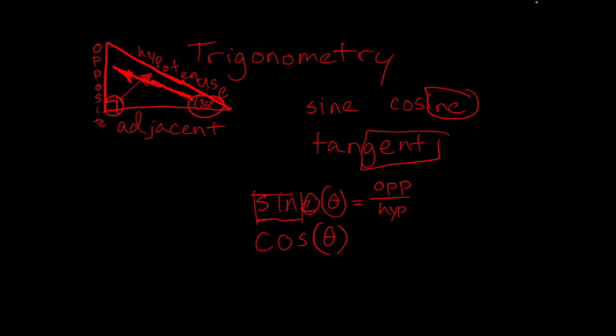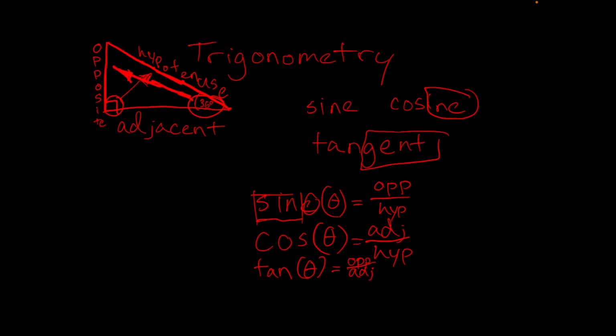And then cosine of theta equals the adjacent side divided by the hypotenuse. Alright, and tangent of theta equals opposite over adjacent. So hopefully you can sort of see where this is going.